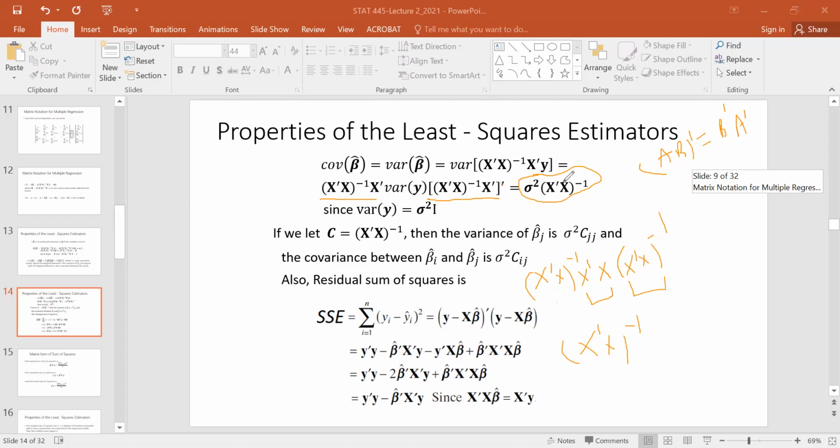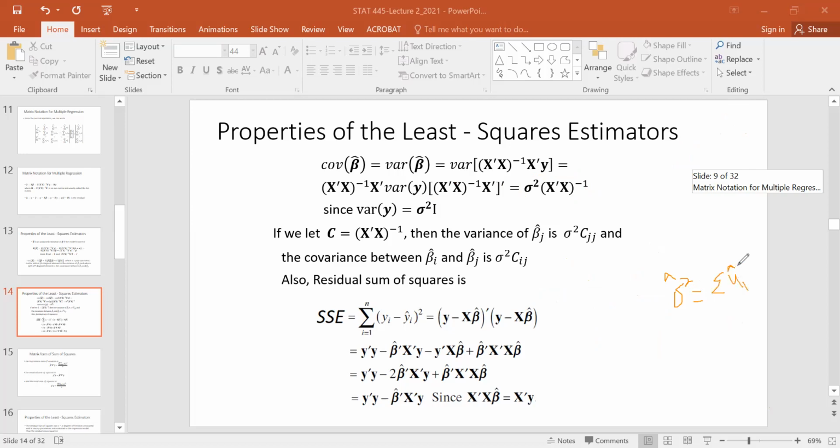So sometimes you can be given this matrix and sigma squared, and you should be able to tell that the diagonal elements are the variances of each beta, and then the ij off-diagonal elements are the covariances, as I showed on the previous slide. Okay, now let's explore this for the purposes of hypothesis testing. Remember, we always want to have an estimate for sigma squared hat, and in the simple regression we ended up having the sum of u i hat squared over n, which we said is biased, and an unbiased form will be the sum of u i hat squared over n minus 2.